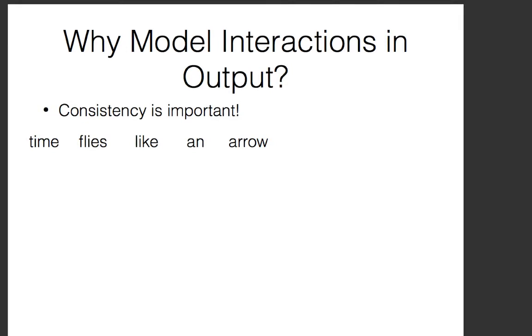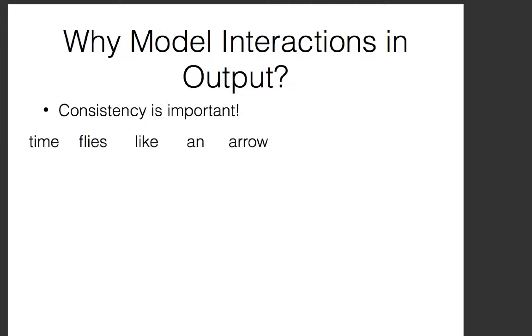So why would we want to model interactions in the output? A good example of this is, let's say we have "time flies like an arrow." Time flies like an arrow is an ambiguous sentence, as I'm sure you know.